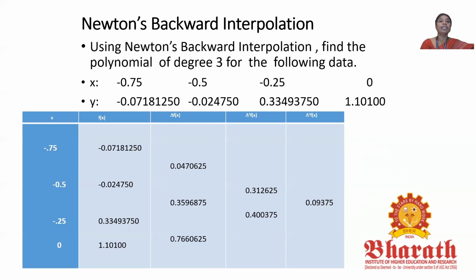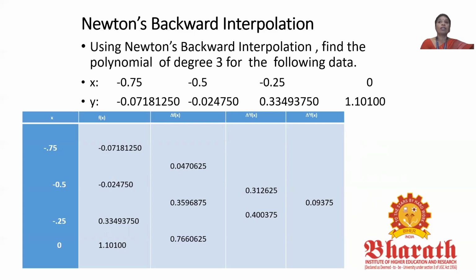So we are going to find the first derivative, that is del f of x. So minus 0.024750 minus of minus 0.07181250. If you find the difference, you are getting 0.0470625. Next, 0.334933750 minus of minus 0.024750, so that will become plus.